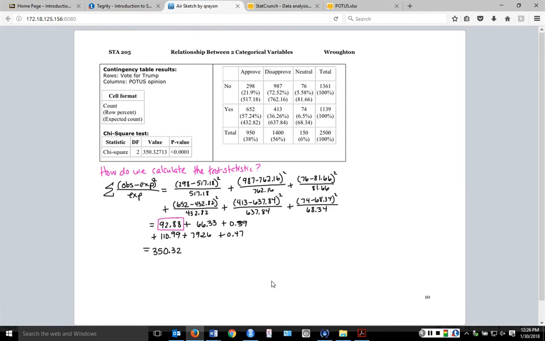Well, 92 is pretty big, 66 is pretty big, 110 is pretty big, 79 is pretty big, but these numbers really aren't very large. And so what that helps me know here again, the larger these contributions is what leads to rejecting the null. So in a sense, it's really helping me know where that relationship is.